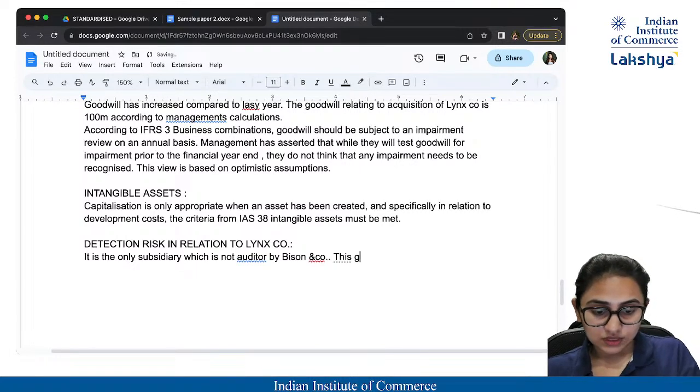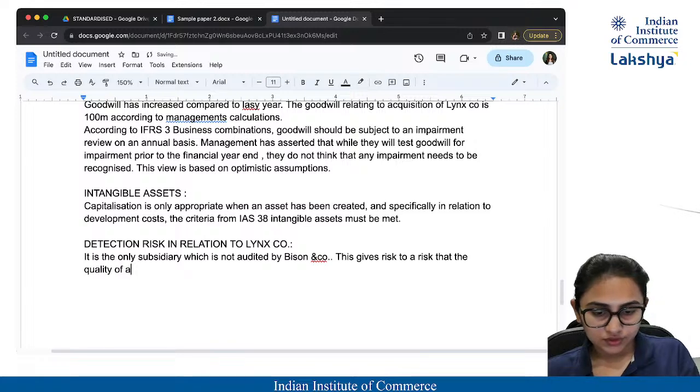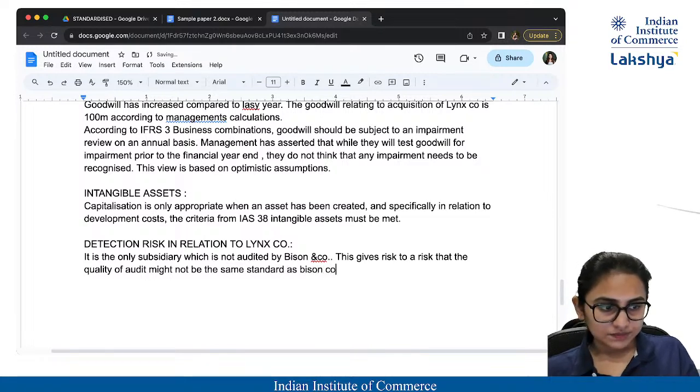So this gives rise to risks, a risk that the quality of audit might not be the same as the parent company.